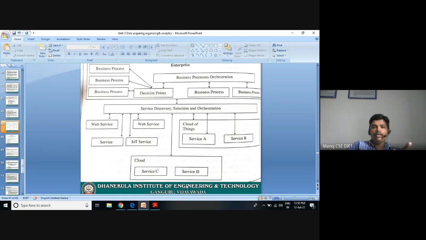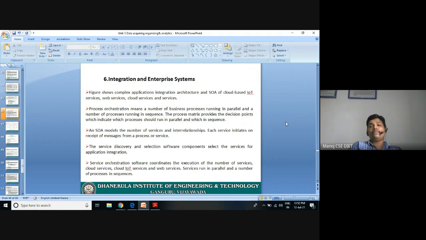There are multiple business processes at the top of the module, regarding our enterprise. And there are a number of services like web service, IoT service or cloud services. In between, service discovery, selection and orchestration is a module to support our enterprise.